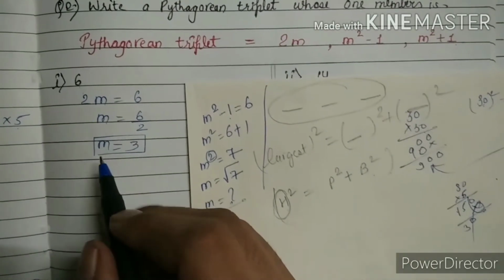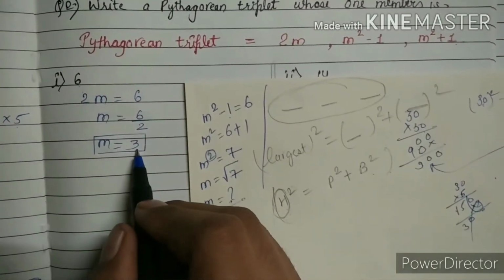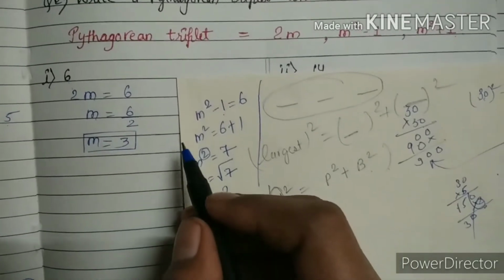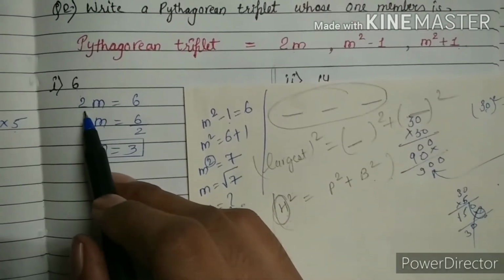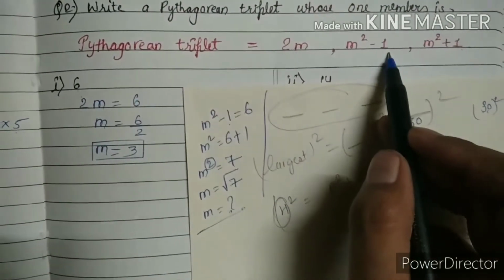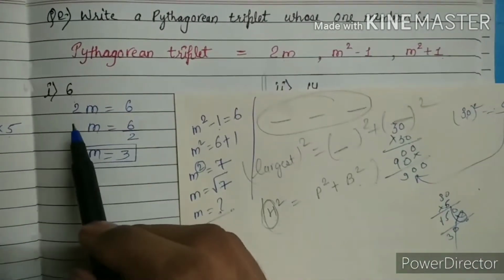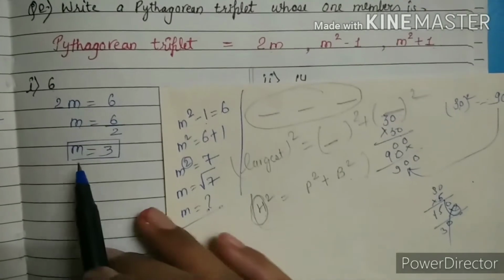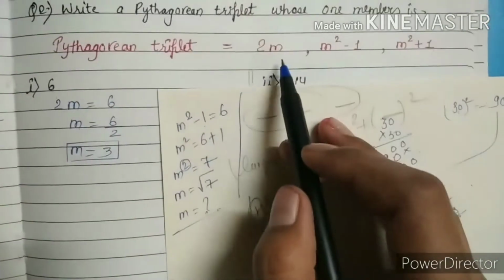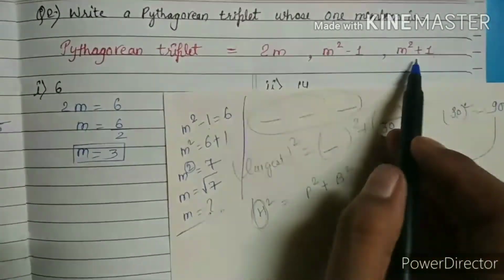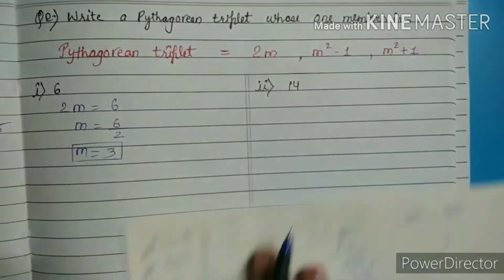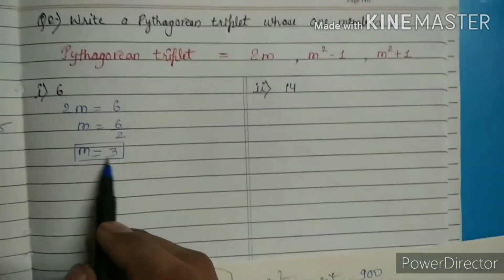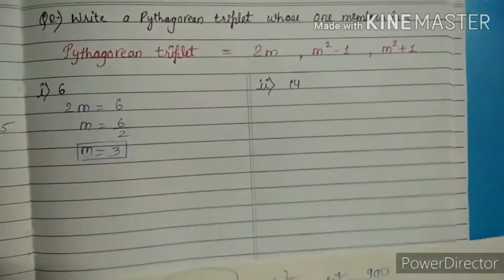Here we can take the value of m is equal to 3. Okay. So whenever we try 2m, m square minus 1 or m square plus 1 and the value is not coming, at that time we can easily recognize we have taken the wrong thing among these three. So firstly we get the value of m is equal to 3.